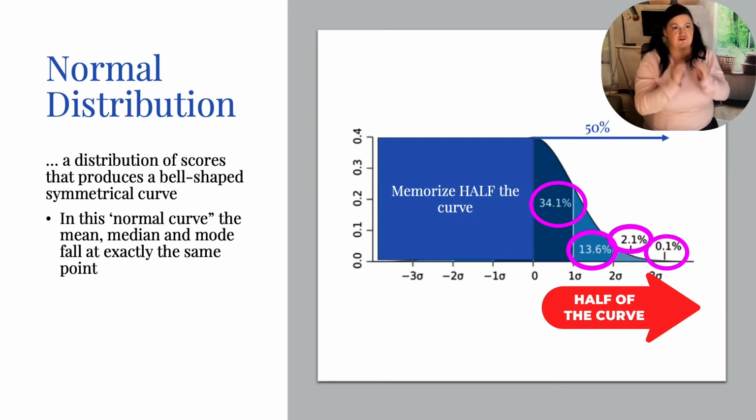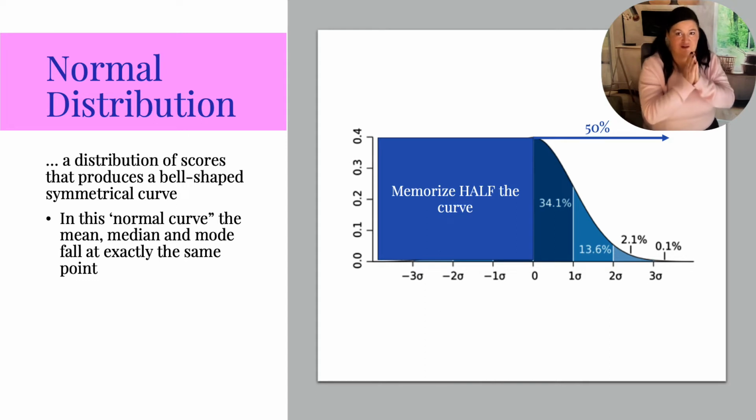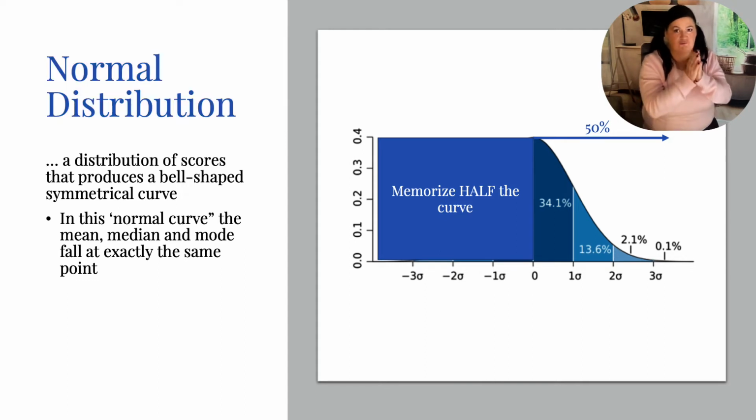On the test, they'll say something like, in a normally distributed amount of test scores, blah, blah, blah, and then they'll give you more information. As soon as you see the words normal distribution of scores, you'll know that it's these percentages that you will have memorized already, right? These percentages between the standard deviations.